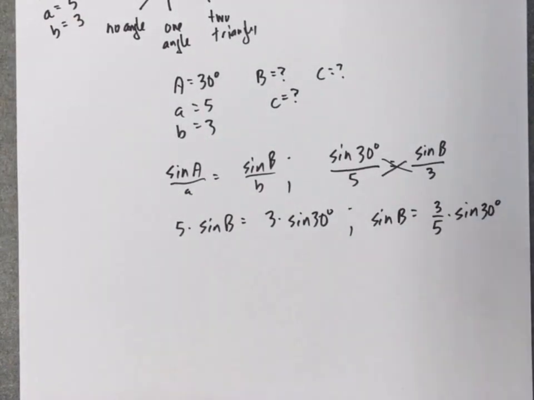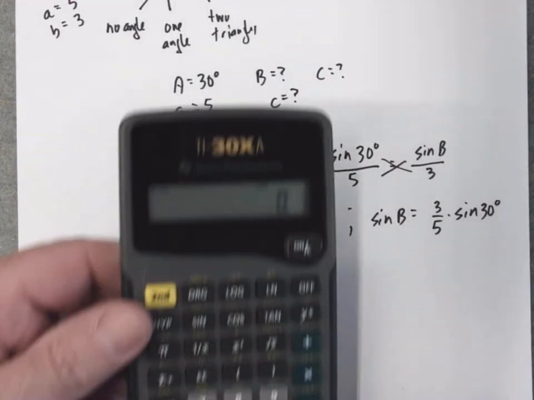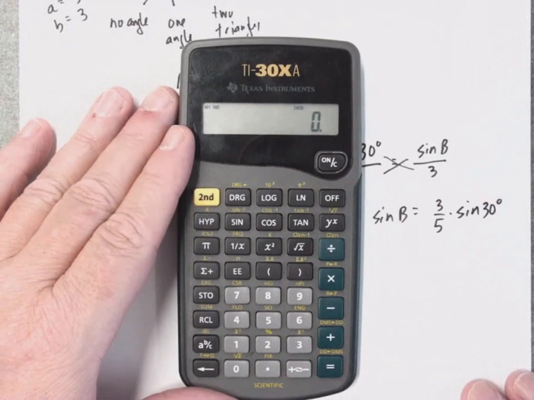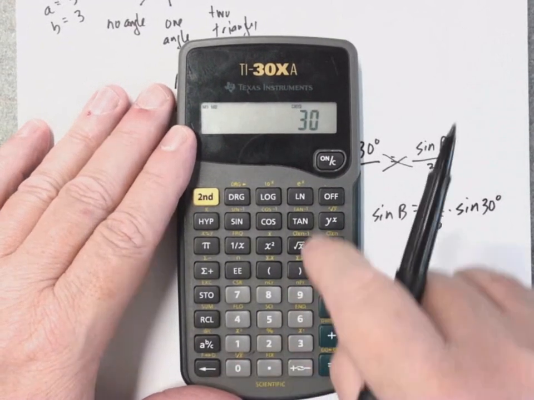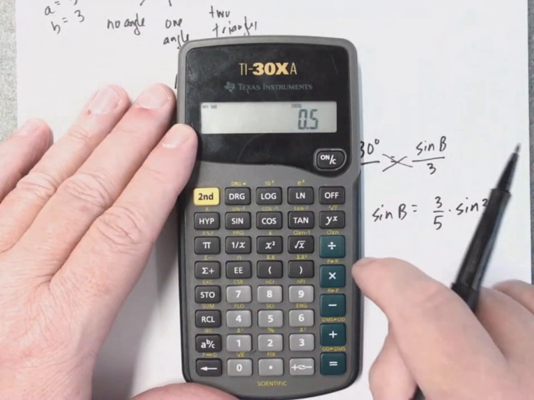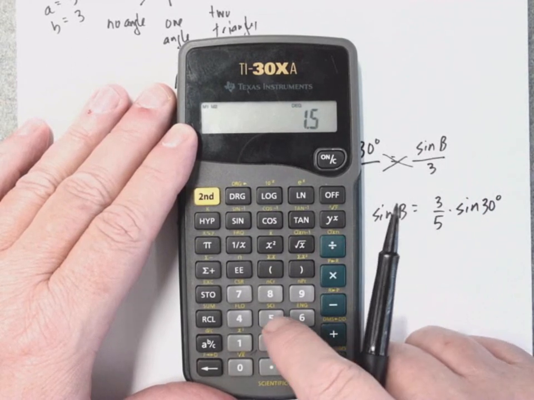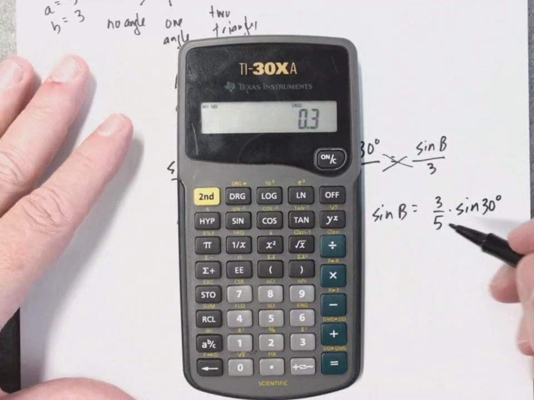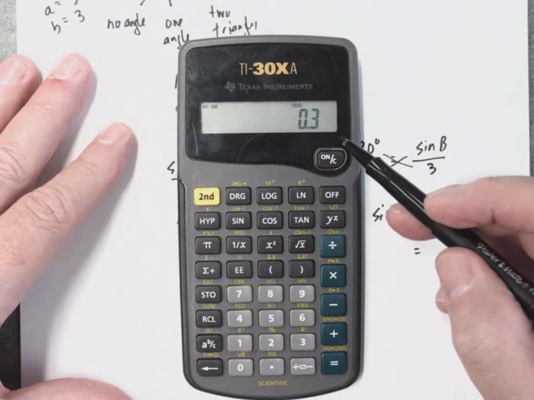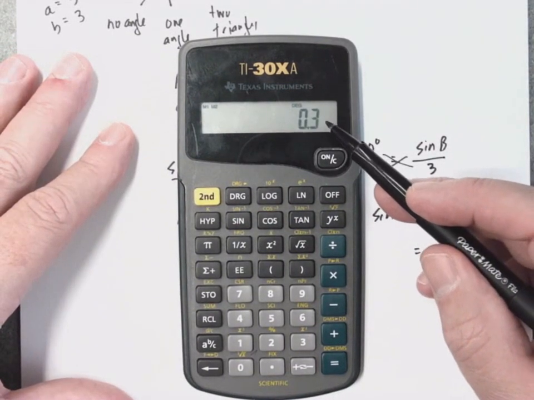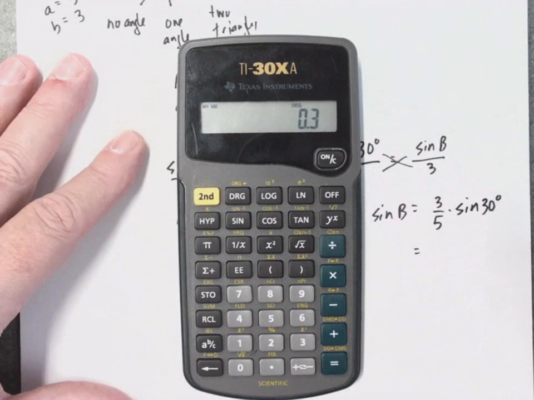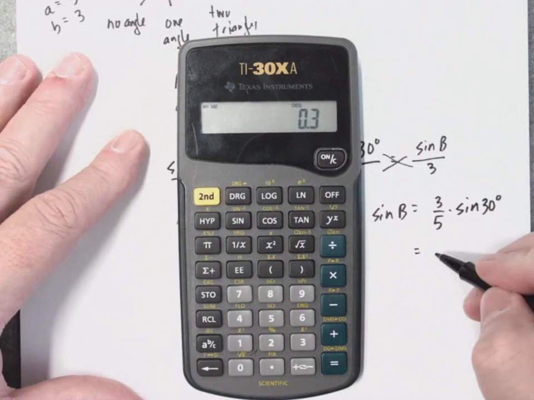Let's just go ahead, I'll grab my calculator and do this calculation. Once again, make sure you're in the degree mode. 30, sine, times 3, divided by 5. Now, I guess I don't have to round off because it actually is 0.3.